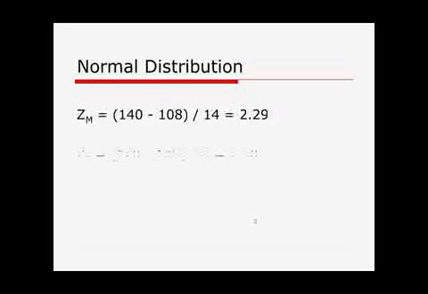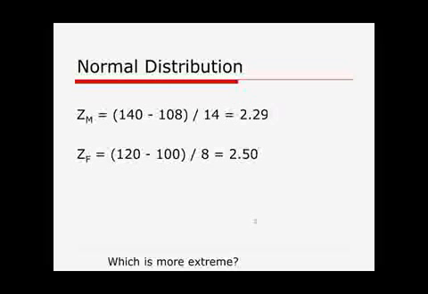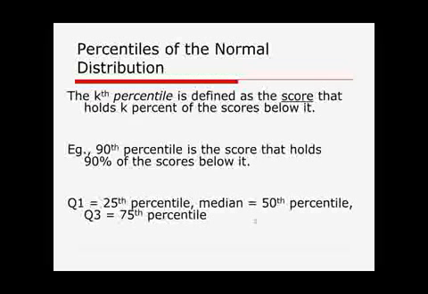If you do the same for the woman, she's actually 2.5 standard deviations above the mean. So that would be more extreme, further into the tails of the distribution. In this case, the woman's value, even though absolutely 120 is less than 140, in relative terms would be the more extreme value. And you have to use Z-scores so you're comparing apples and apples. Okay?